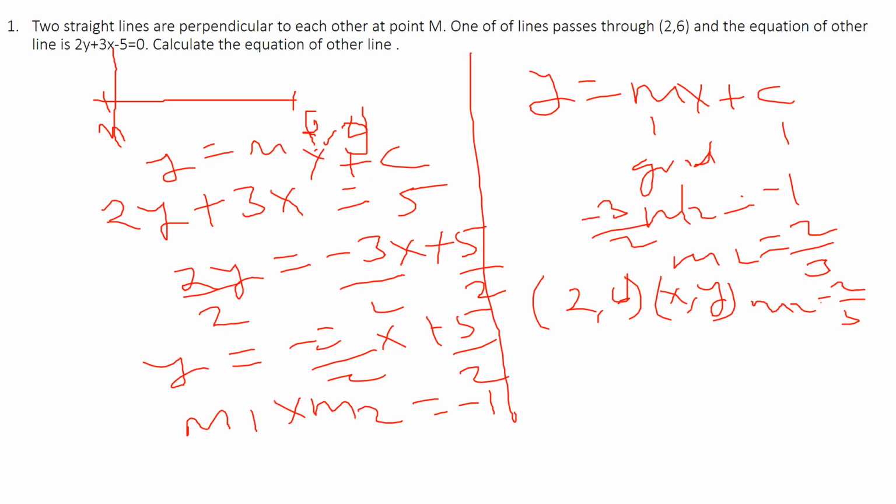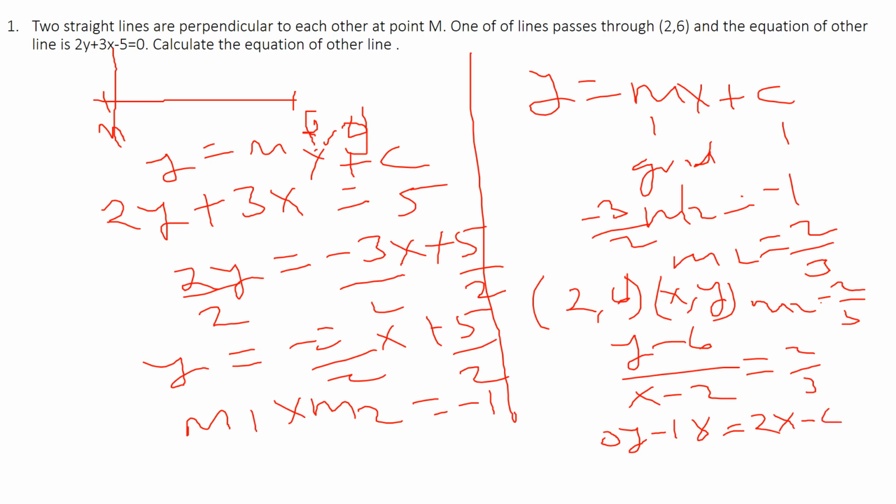To calculate this gradient, it is the change in y, which is y - 6, divided by x - 2, and this is equal to 2/3. Then I can cross multiply, so that I have 3y - 18 = 2x - 4.